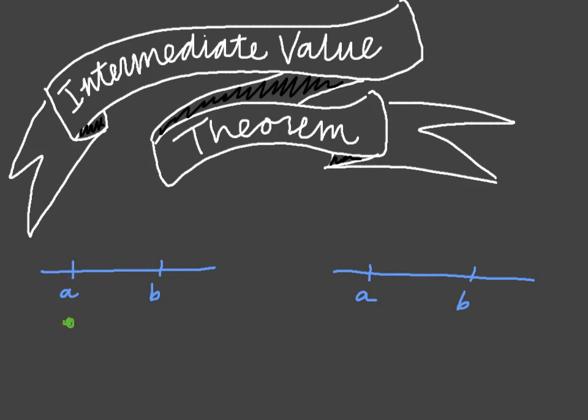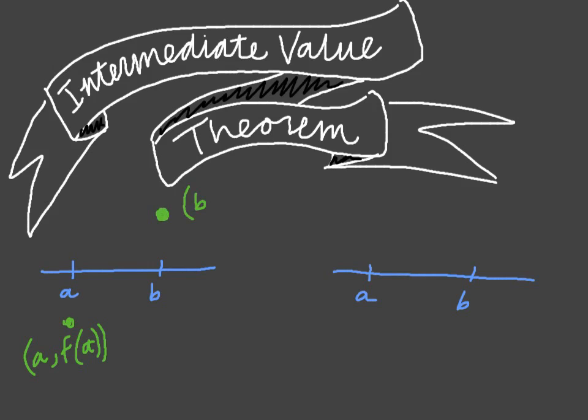So if I was describing this ordered pair, it would be A, f of A, where A is the x value and f of A is whatever you get for the y value when you plug in A into the function. And f of B is of opposite signs, so I put it above the x-axis.